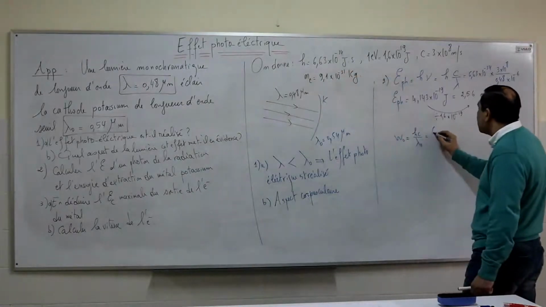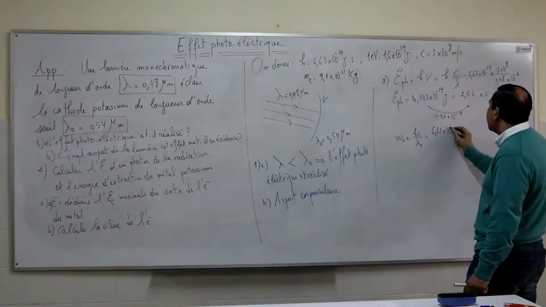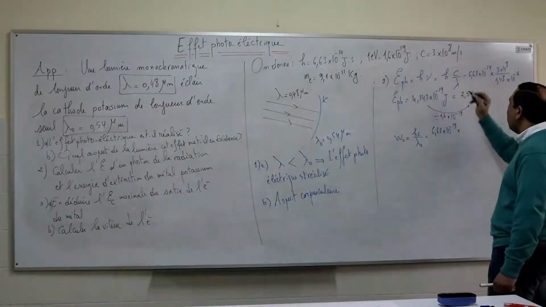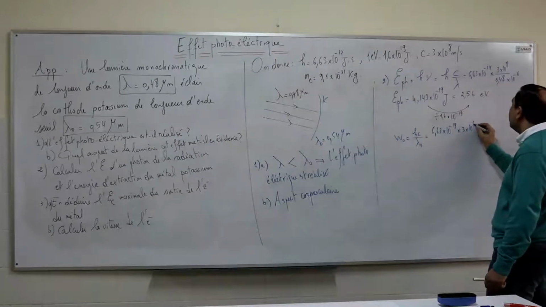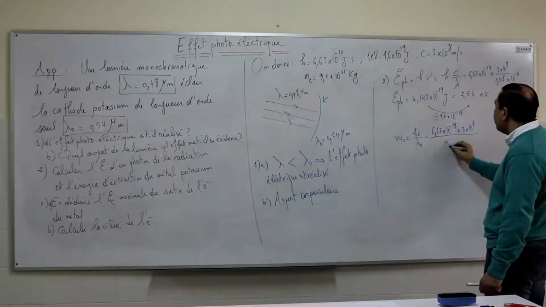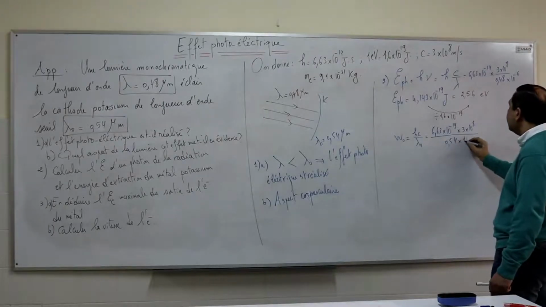W0 equals 6.63 times 10 exponent minus 34 times 3 times 10 exponent 8 over 0.54 times 10 exponent minus 6.